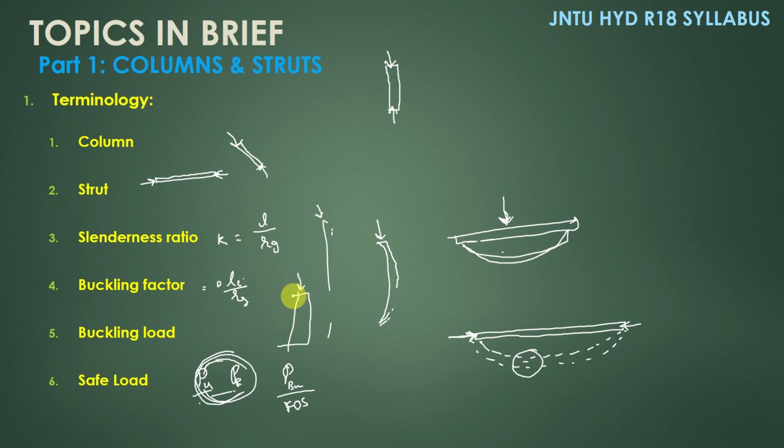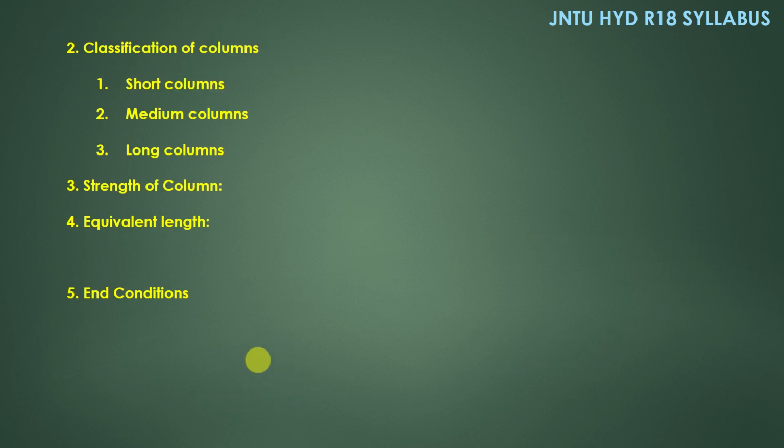So in order to avoid that, we have to impose the load on the column with some factor of safety, so that the column will be very safe. So for every column, according to its material and its cross section and all other details, some factor of safety will be decided. We have to divide by that in order to find the safe load: P buckling load by factor of safety.